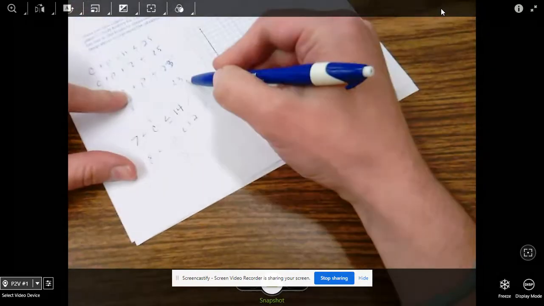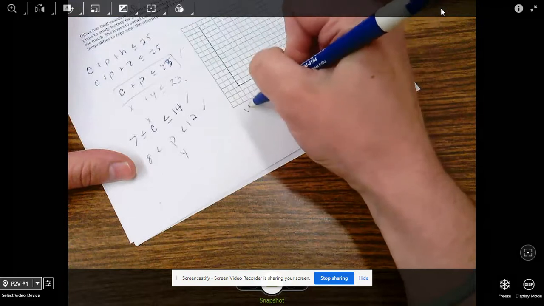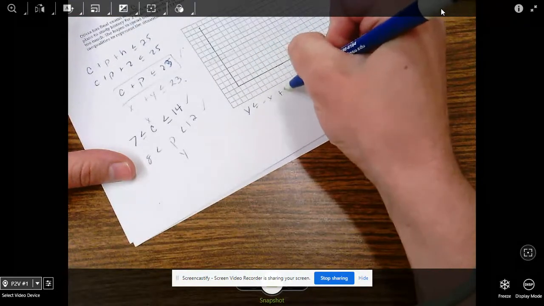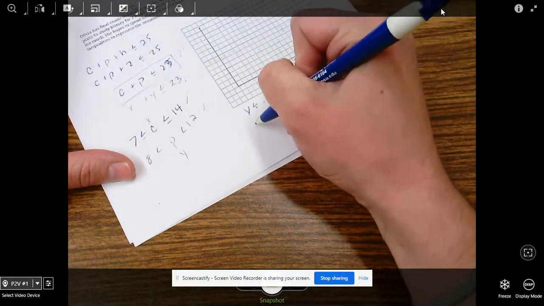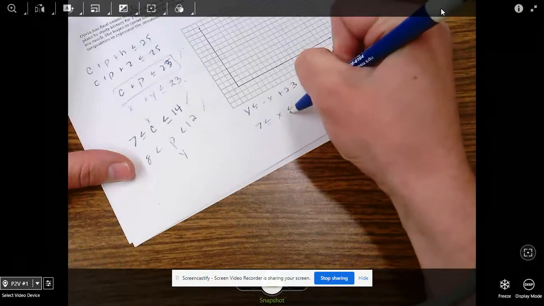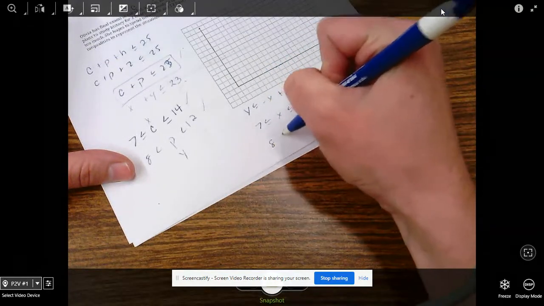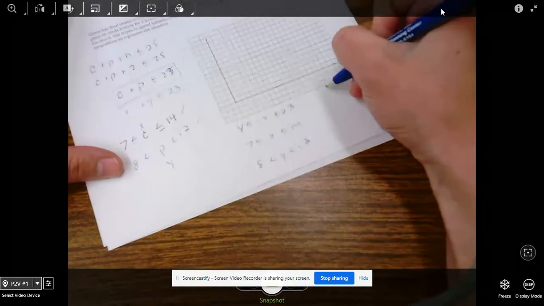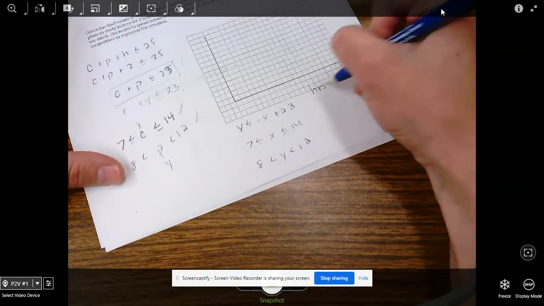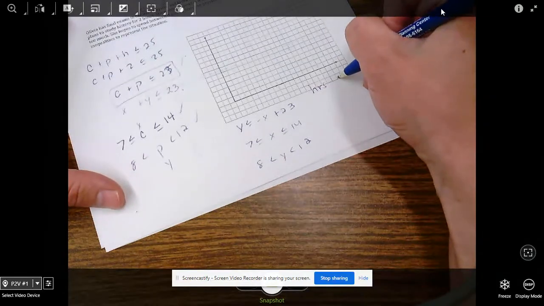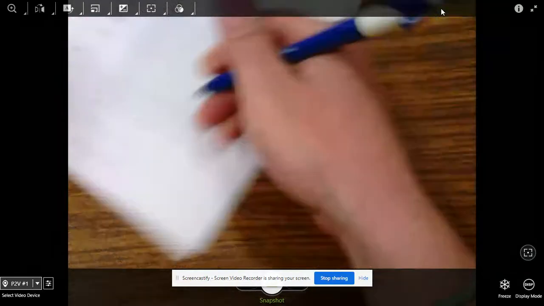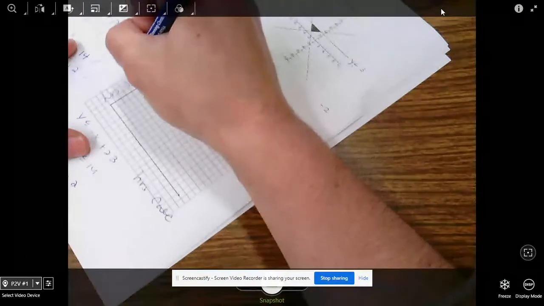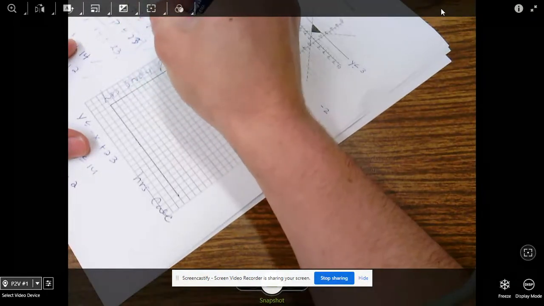So if we write this equation again, we could say that this side is hours spent on calc, and this side would be hours studying physics.